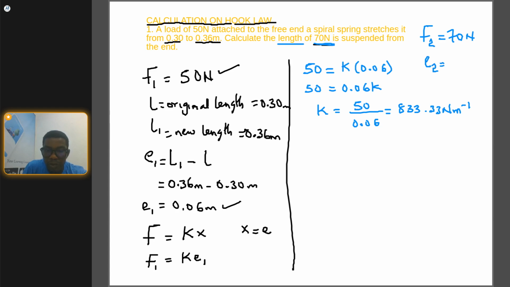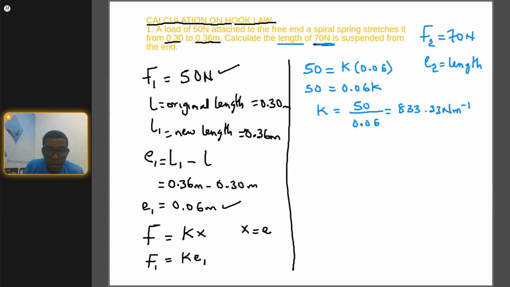When they added 70 Newton, it's going to stretch the more. So they want to know what the extension is. Knowing the extension E2, we'll be able to get the length.